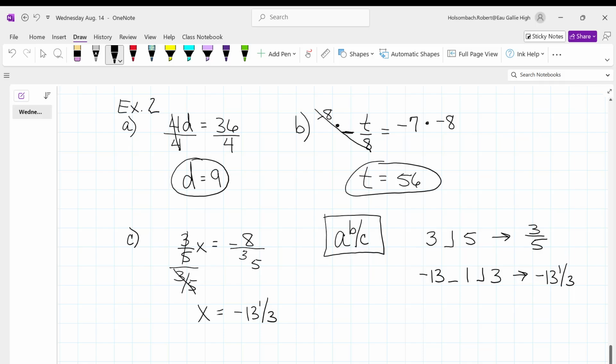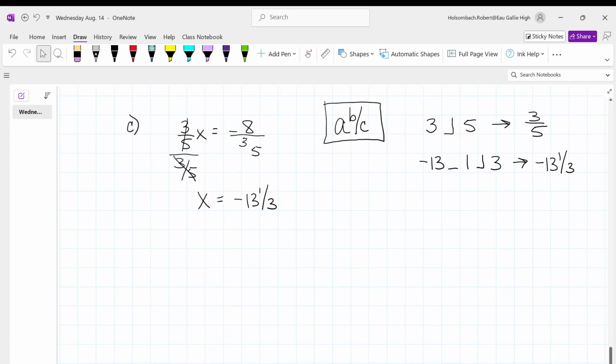Now, depending on how you were taught to solve these problems where the variable is being multiplied by a fraction, the second way you can do this, if 3/5 x is equal to -8, oh boy, I messed that up. 3/5 x equals -8. Dividing by 3/5 produces the same result as multiplying by 5/3.